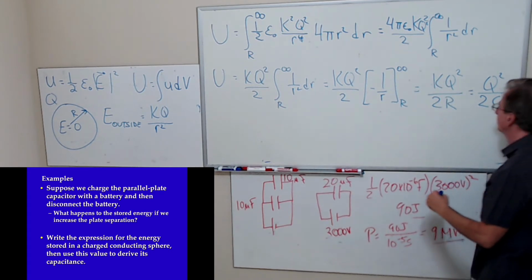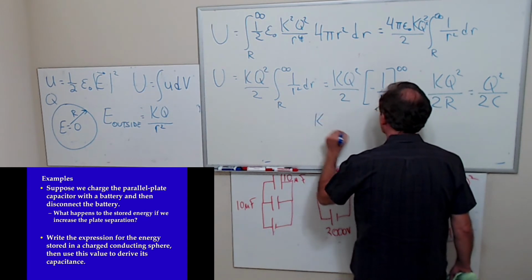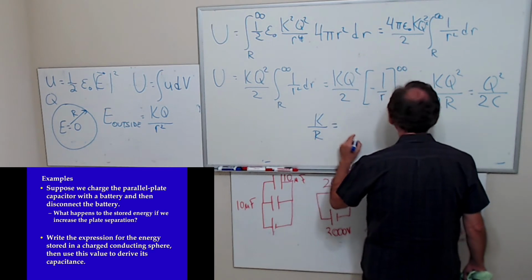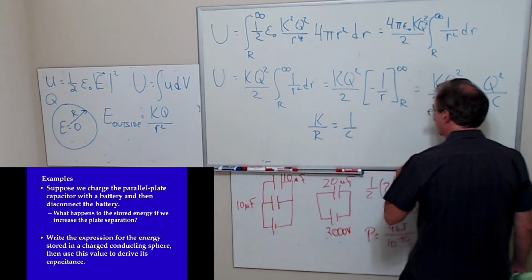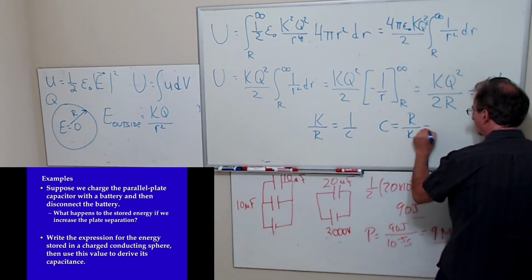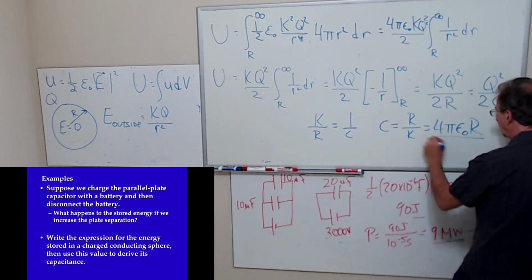All the q's cancel, and I get k over r equals 1 over c. So c equals r over k. That's what we got last week.